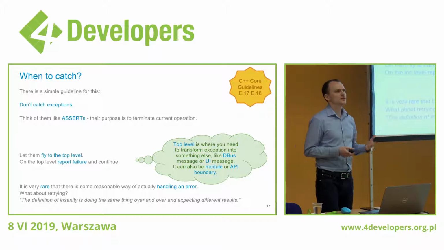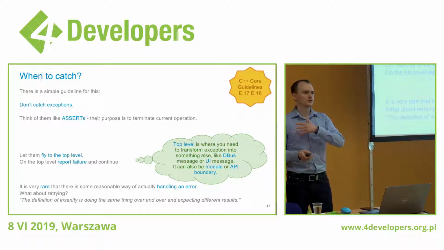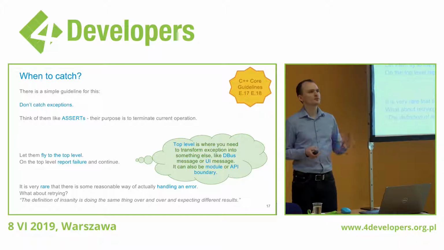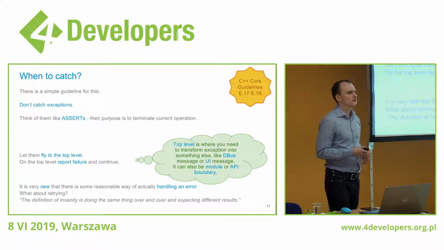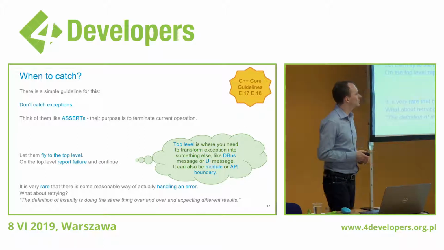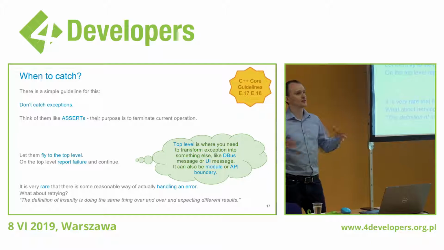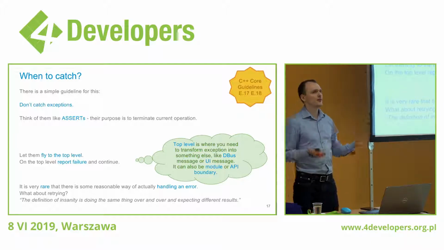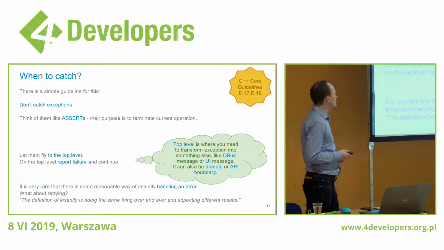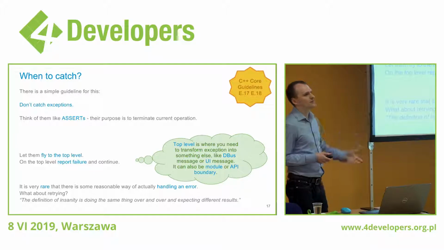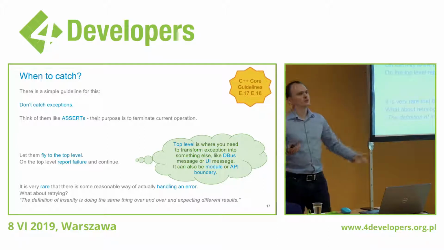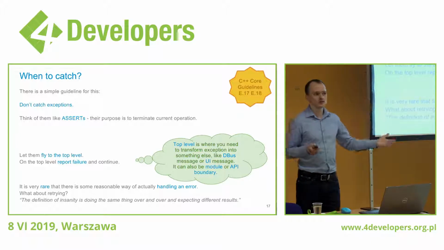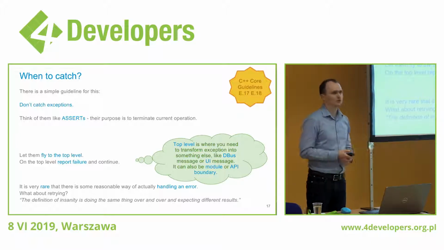The only difference is that asserts kill your whole program, and exceptions can kill just one operation. But you should think about them as something that aborts the entire operation. So you should let them fly to the top level and catch them at the top level, and you report this error, and you go on with your life.